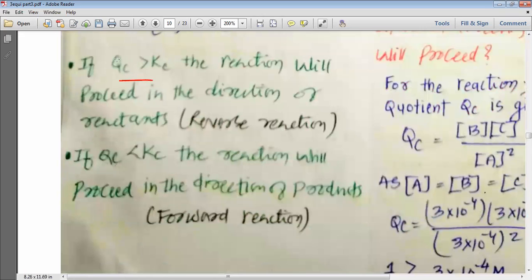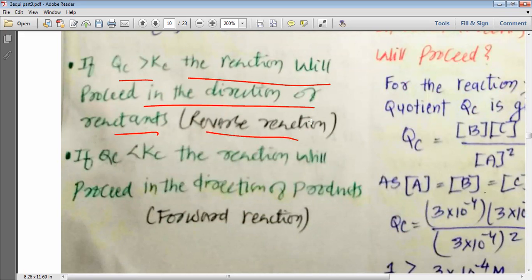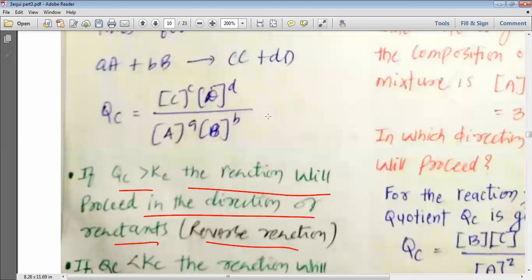Now we compare this Qc with Kc. If the value of Qc is greater than Kc, then the reaction will proceed in the direction of reactants. That means the reverse reaction takes place. Suppose we have Kc here, and this value is greater than Kc.